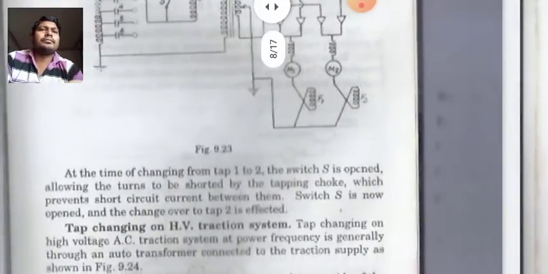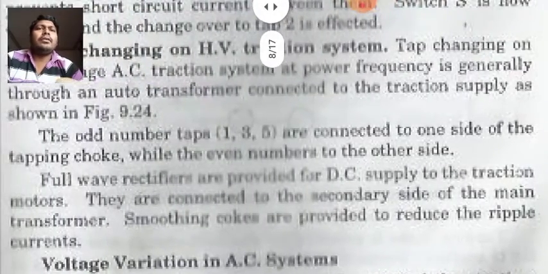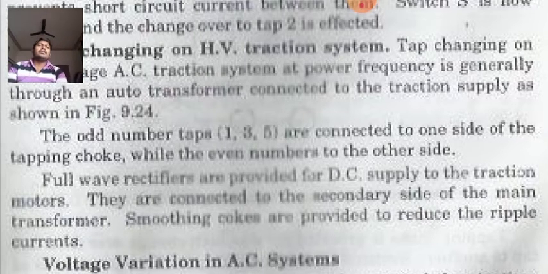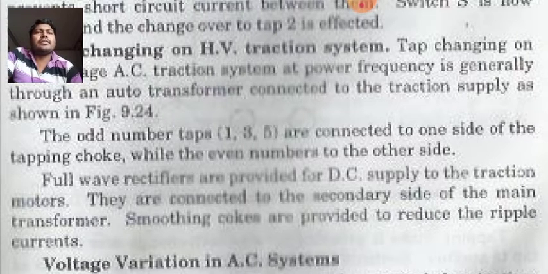Now the odd number taps, that is 1, 3, 5, are connected to one side of the tapping choke, while the even numbers are on the other side. Full wave rectifiers are provided for DC supply to the traction motors. They are connected to the secondary side of the main transformer.